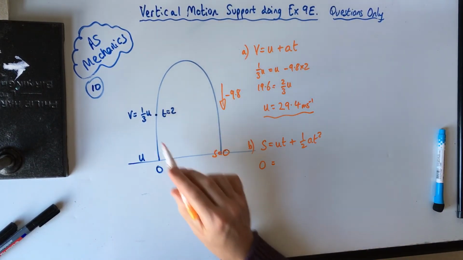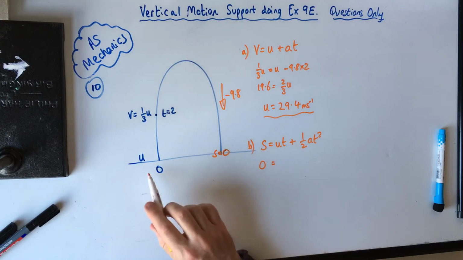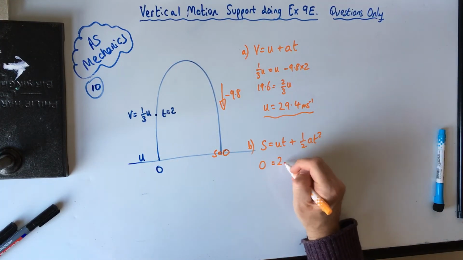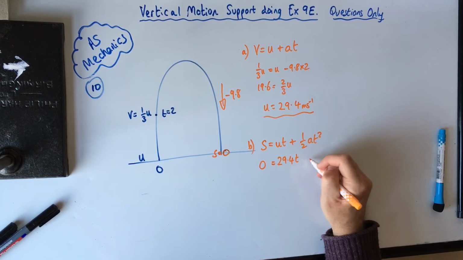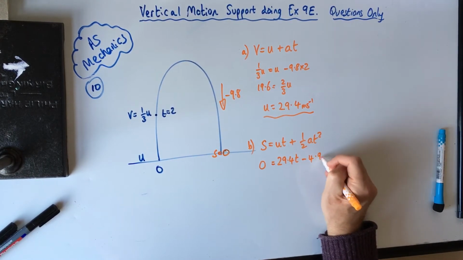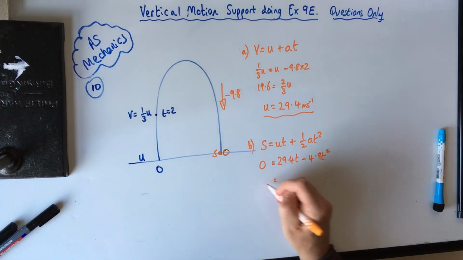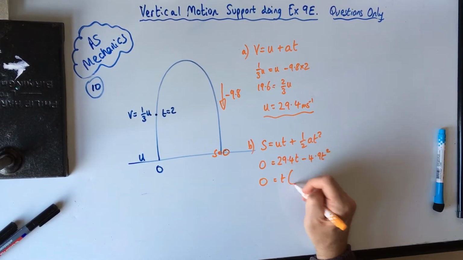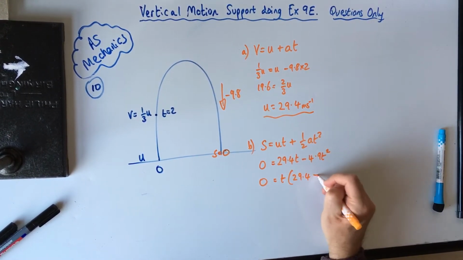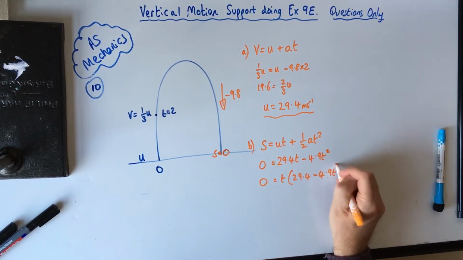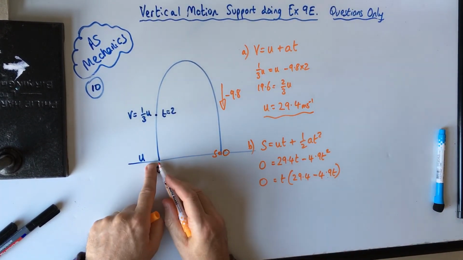Initial velocity was, well, we've got that now, 29.4, so 29.4t minus 4.9t squared. I've done the half of the minus 9.8, and that just factorizes. So you just take out your t and you get t times 29.4 minus 4.9t. So t is 0, that's where it starts.